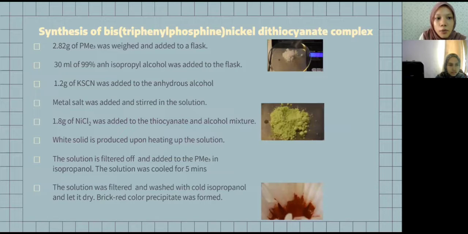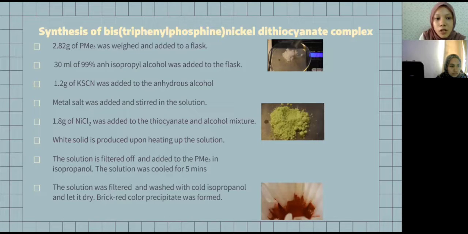And then 1.2 grams of potassium thiocyanate was added to the anhydrous alcohol. And then the metal salt was added and stirred in the solution. And then 1.8 grams of nickel(II) chloride was added to the thiocyanate and alcohol mixture.